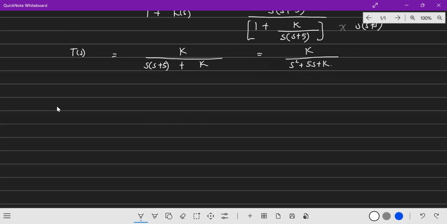Now define the sensitivity. Remember that the sensitivity of the transfer function T with respect to a change in parameter, say alpha, is equal to the change in the transfer function. The change is simply the small change over the total value.